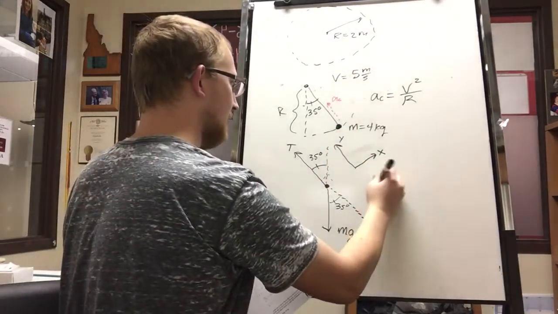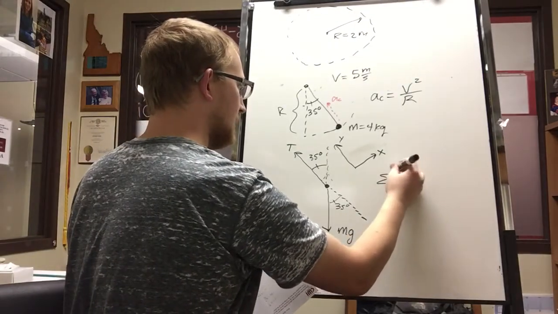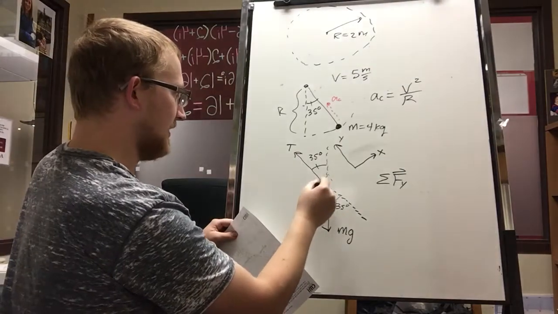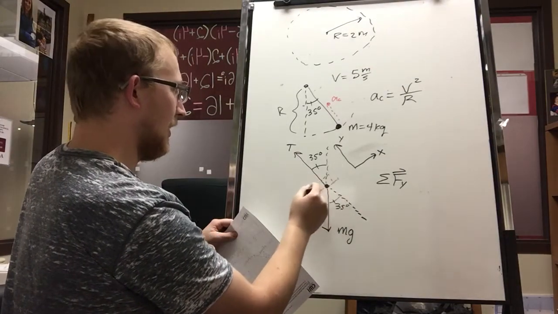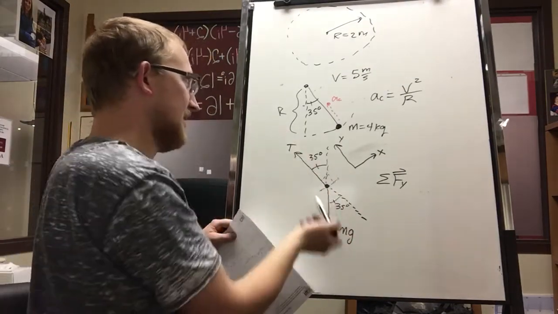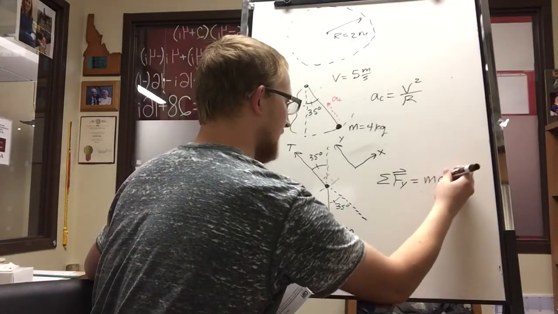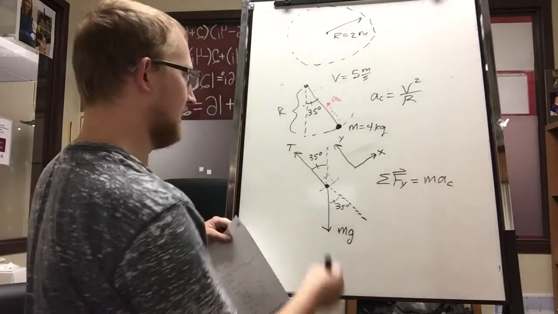So when I sum my forces in the y direction, and guess what? It's equal to 0, right? Because at this point, or I'm sorry, it's not equal to 0, it's equal to the centripetal acceleration. So the sum of forces in the y equals m a_c, and then we'll write our forces.